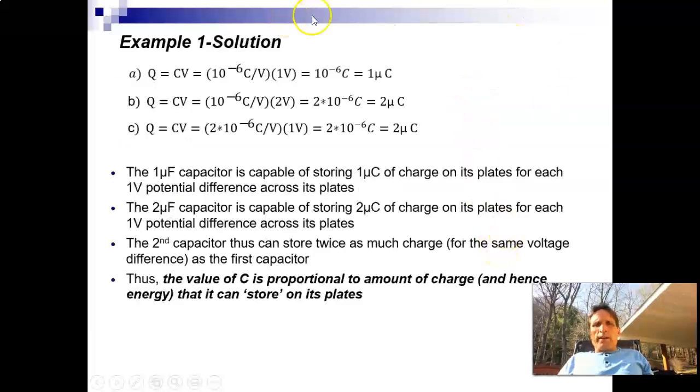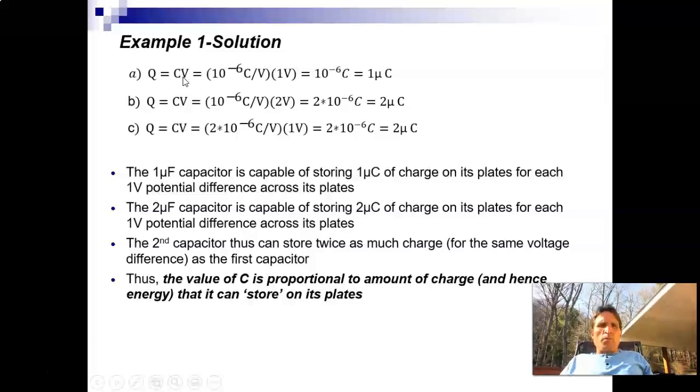Okay, so we plug in and we use the fact that the charge stored on the plates is the capacitance times the voltage difference, the potential difference between the plates. So if we have a 1 microfarad capacitor, that is 10 to the negative 6 coulombs per volt.